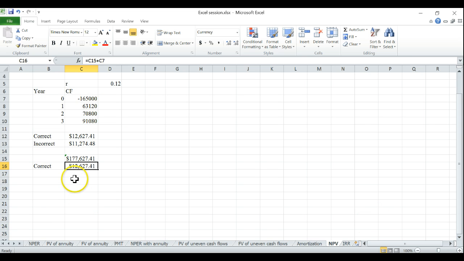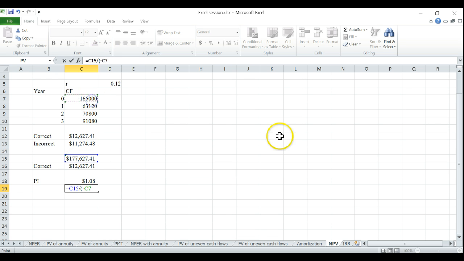If we do it in 2 steps, we can also calculate the profitability index, PI, which is the present value of the future cash flows divided by the initial investment. I could type $165,000, or refer to the cell, but because I have it as a negative value, to nullify that negative sign, I added a minus next to it.